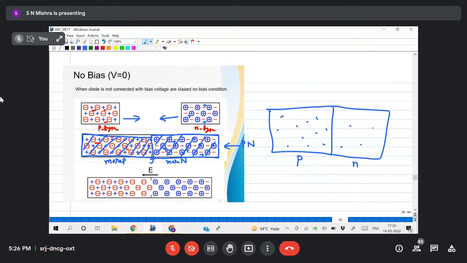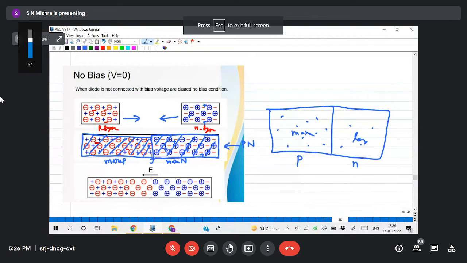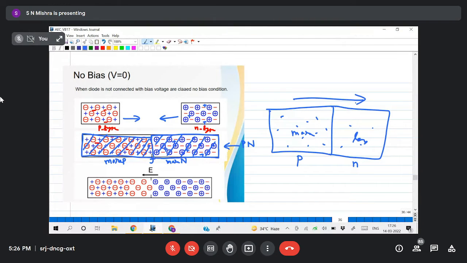Now if I compare hole to hole, then here more holes, here less holes. So what will happen? The holes try to move from here to here. Now similarly, if I consider electrons, then opposite, more electrons in N side and less electron in P side, because in N side electron are majority, P side electrons are minority.